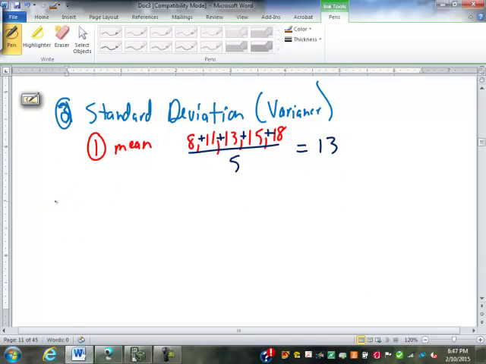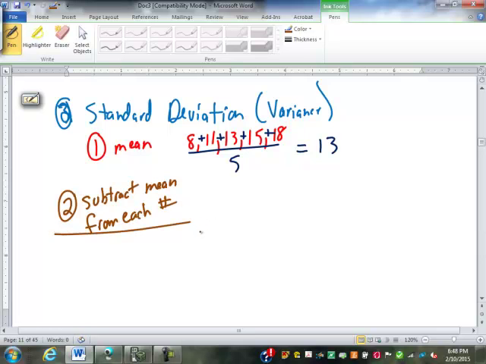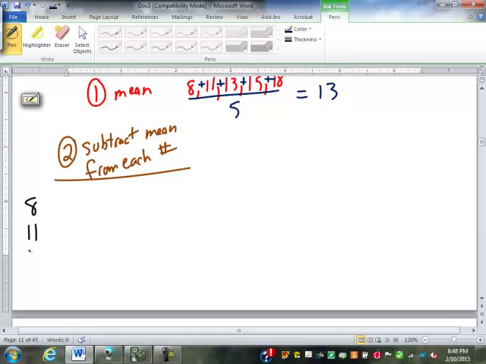Step 2 is to subtract the mean from each number. So I have my numbers 8, 11, 13, 15, and 18.